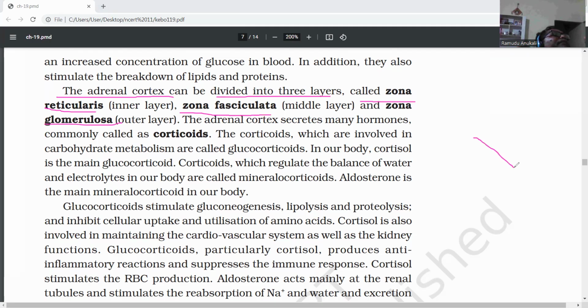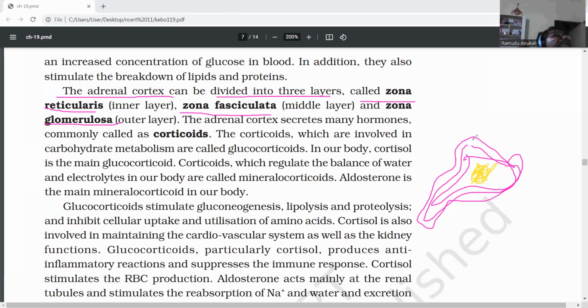In the previous diagram, the outer cortex of the adrenal gland has three layers. Inside is the medulla, and the pink portion we drew, the three layers, is the adrenal cortex.